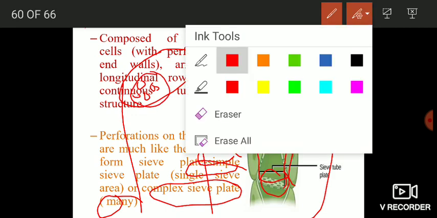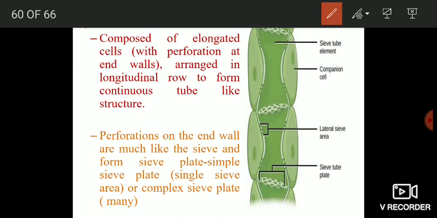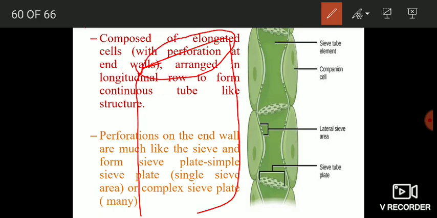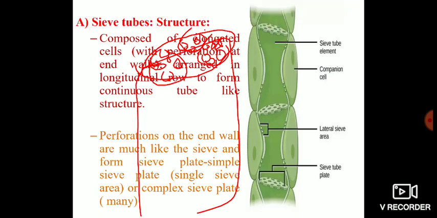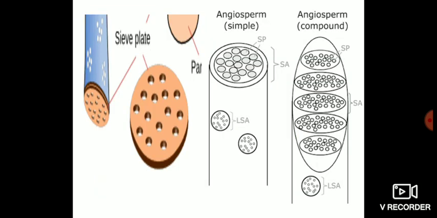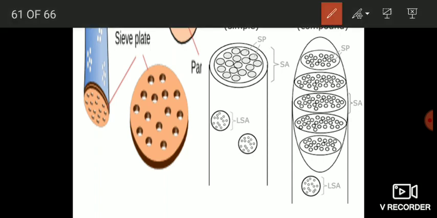And say we have another type here. This is its end wall. It possesses one sieve area here, another sieve area here, and another sieve area here. This is known as complex sieve plate. Here you can see in the image. This is the sieve plate, the general structure of sieve plate.